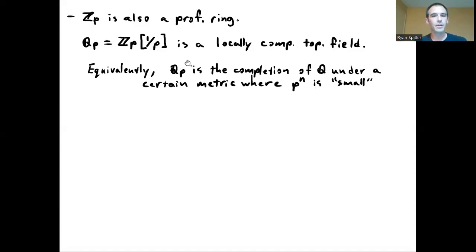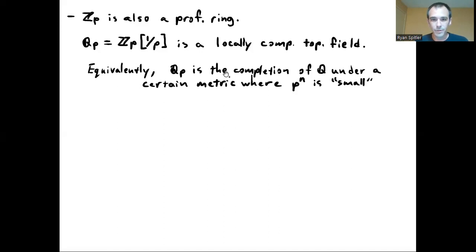It's also the completion of Q under a certain metric, which is very related to the topology we were talking about for Z_p. This metric on Q measures high powers of p to be very small, very close to 0, and high negative powers of p, so 1 over p to the n, become very, very large. And you can figure out the rest for yourself maybe at some point.